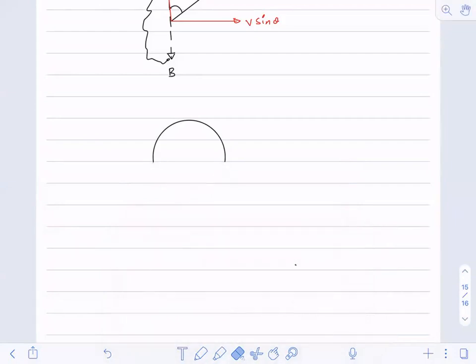So this is a semicircle. Actually, this is a semicircle. This is end A. This is end B. This is the top portion C. This is a wire which moves with the velocity v, and the magnetic field is like this, crossed.